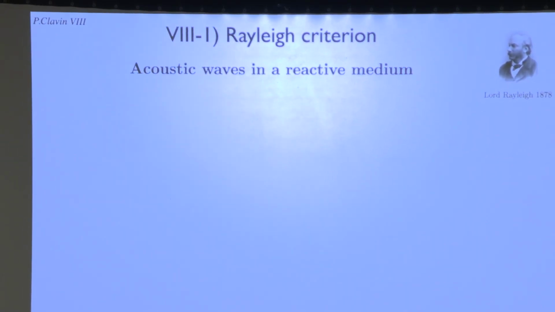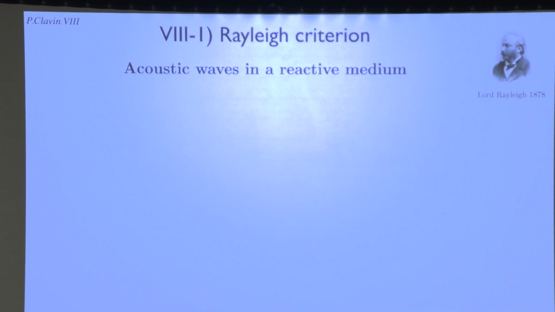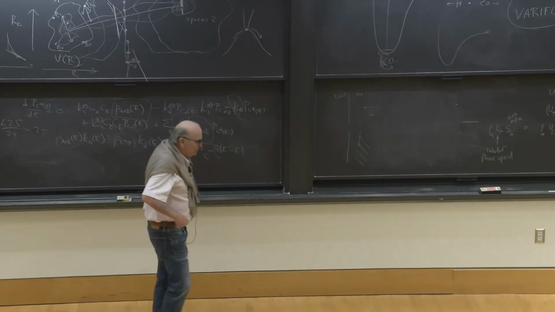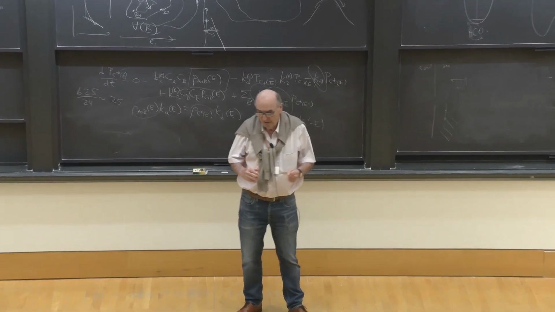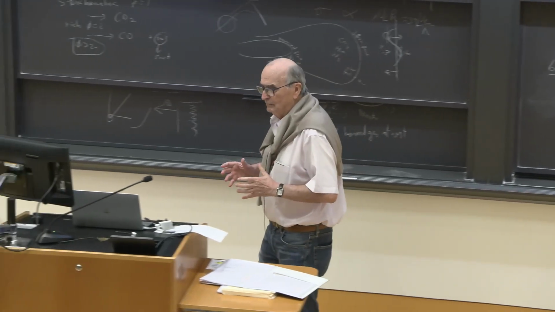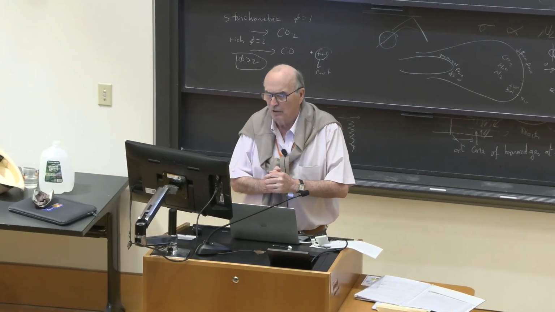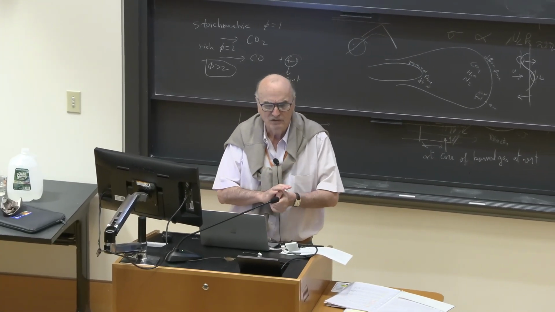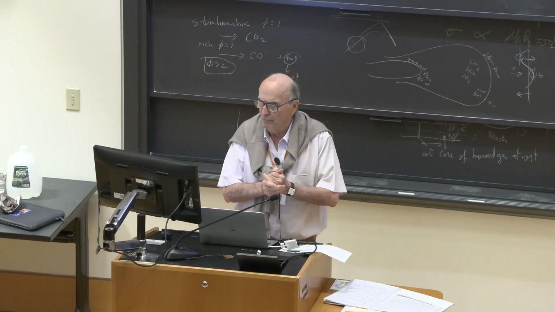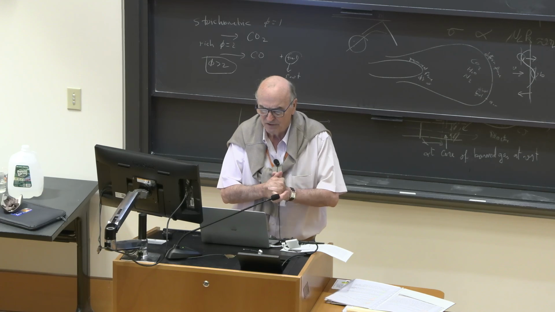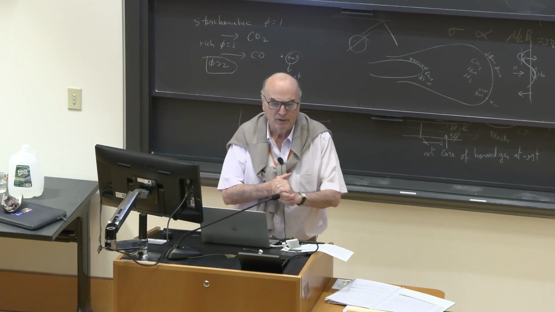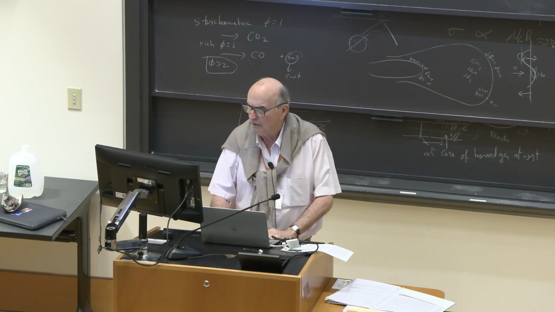Rayleigh tried to understand why the combustion in a cavity is typically unsteady, with strong oscillation. This is in fact the mechanism of the kind of instability that you have in rocket engines, that are the nightmare of the engineer.